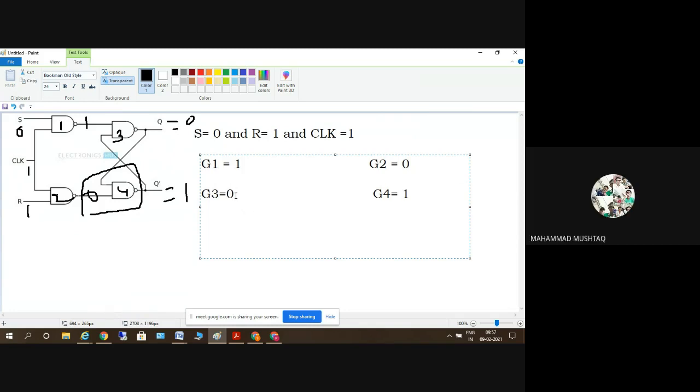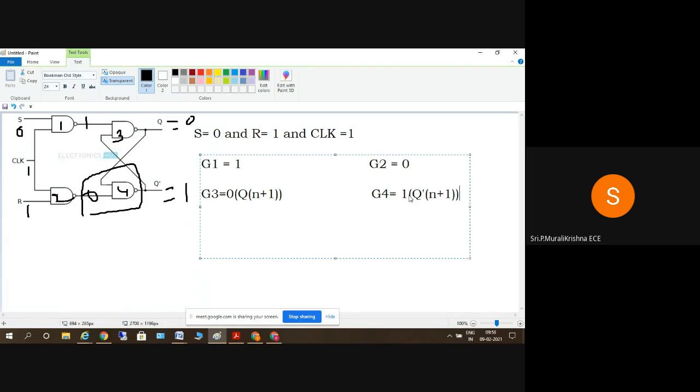This is Q of N plus 1, the next state, and this is Q bar of N plus 1.